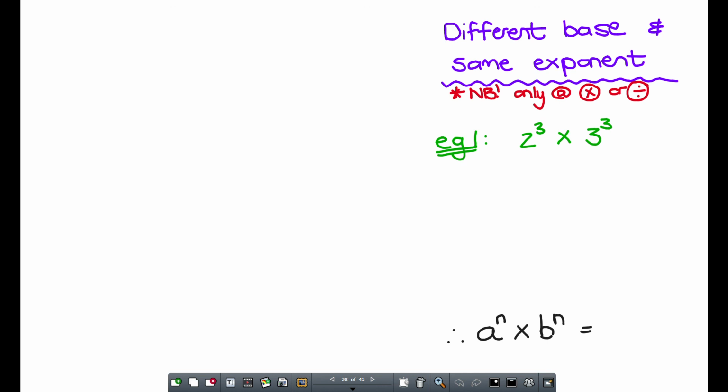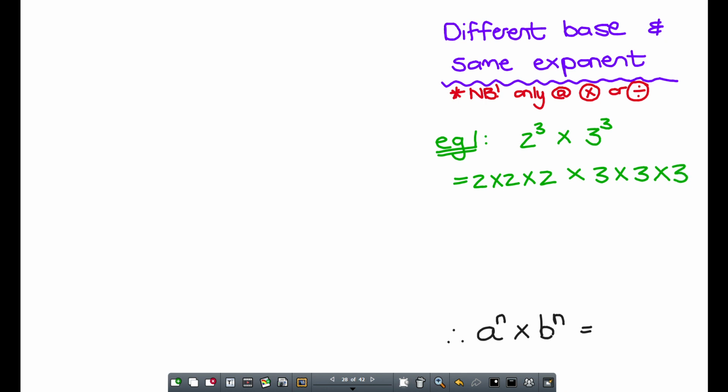So that 2 to the power 3 would actually be 2 times 2 times 2. Then times the 3 to the power 3, which will be 3 times 3 times 3.